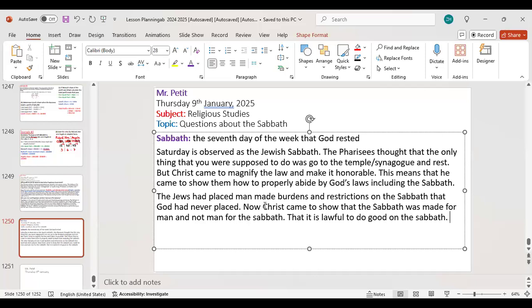Bro, you better call the ambulance before the person is dead beside you. Or if someone is in dire need of help, you have to help them, even though it's the Sabbath, because it's lawful to do good on the Sabbath. But the Jews took it to the extreme: you have to wait till the Sabbath is over and then you can heal the person. Like what? That doesn't make any sense.